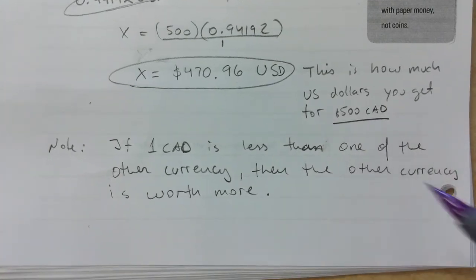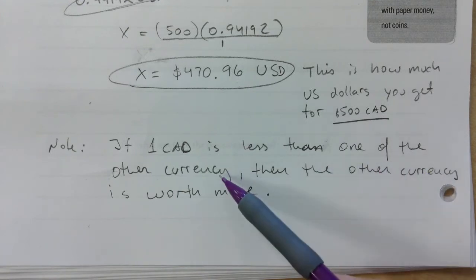If one Canadian is less than one of the other currency, then the other currency is worth more.